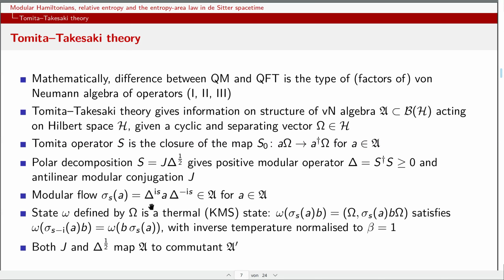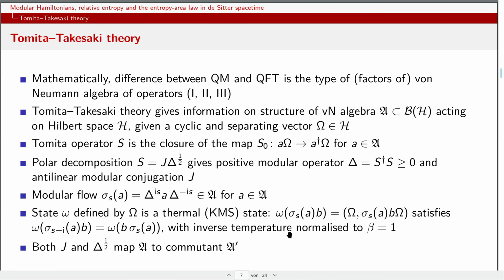And there are some other characterizations of these objects if you don't want to compute this polar decomposition in practice, which might be very difficult. For example, it has been shown that the state omega that is defined by this vector is a thermal state, so it fulfills the so-called KMS condition. That means you take two elements A and B, two operators in your algebra.